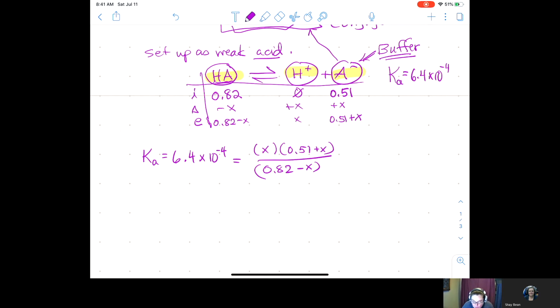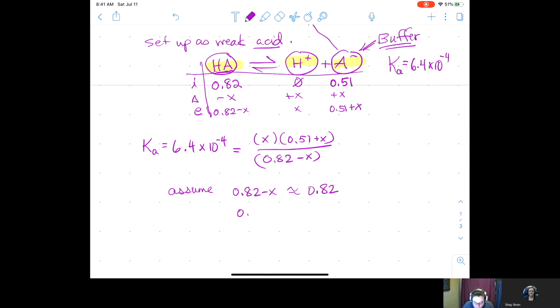So I'm going to use the assumption. We've seen that assumption before on the denominator. So let's start here. We're going to assume that 0.82 minus X is approximately equal to 0.82. That'll get rid of it there on the bottom. But we're also going to assume that 0.51 plus X is approximately equal to 0.51. This is that if I have $1 million example.